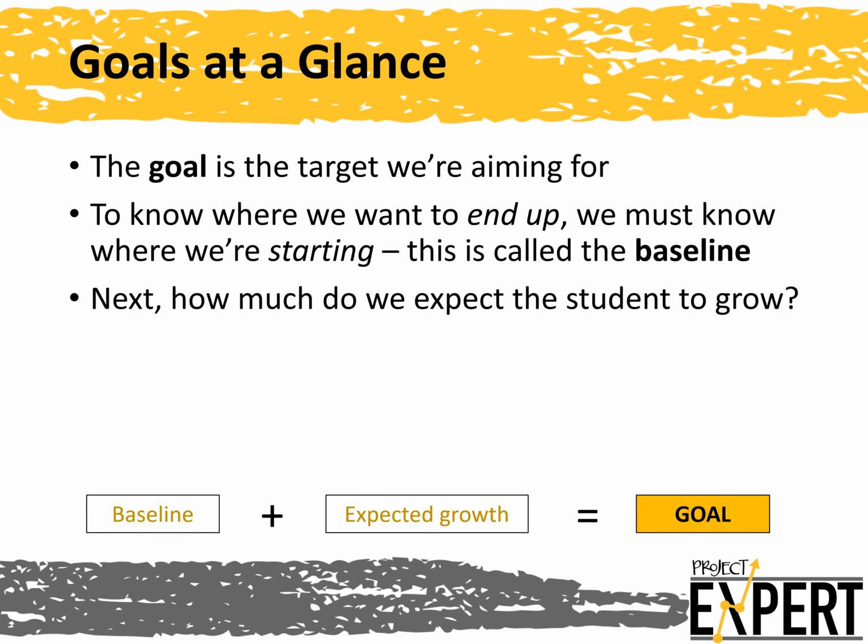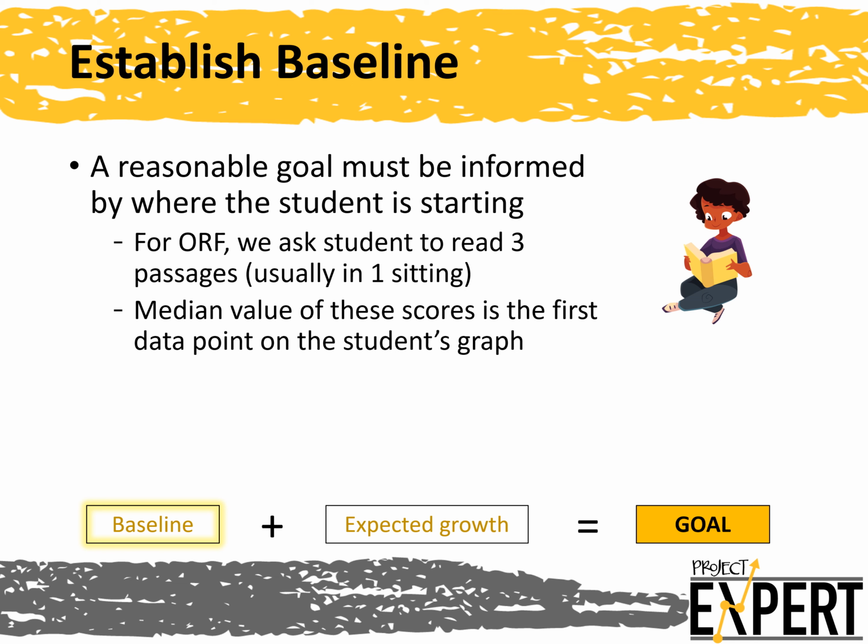Let's take a closer look at baseline. Before we can settle on a goal for the student, we need to know where we're starting. That's the purpose of the baseline data. How are they performing right now? With upper elementary students in reading, we typically measure their oral reading fluency by asking them to read 3 to 4 one-minute passages in one sitting.